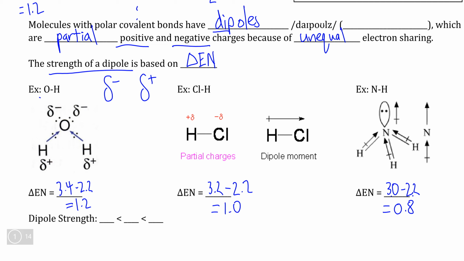So what this means is that the bigger the difference in electronegativity is, the closer the electrons in the bond are going to move to the more electronegative atom, and therefore the stronger its negative dipole is going to be. Because hydrogen and oxygen has the highest difference in electronegativity, this negative dipole is going to be stronger than hydrogen to chlorine, and hydrogen to chlorine's negative dipole is going to be stronger than nitrogen to hydrogen's.